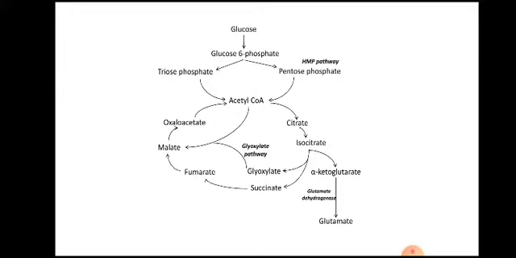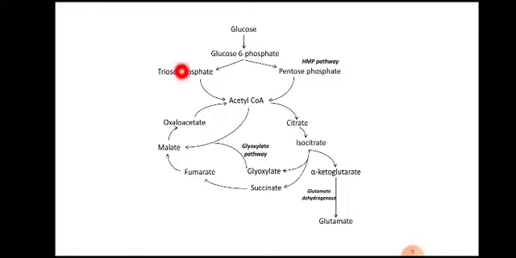To understand the biochemistry behind the synthesis of glutamic acid, and the importance of adding urea at regular intervals in the production medium, we need to understand the biochemistry. Glucose is broken down through the glycolysis pathway, leading to intermediates that enter triose phosphate and pentose phosphate.